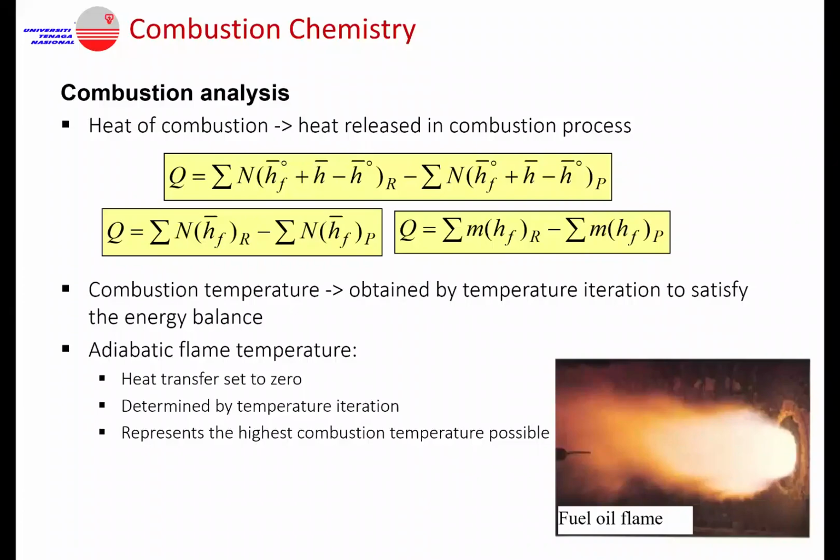We call that the adiabatic flame temperature. The maximum temperature possible for a combustion depends on what fuel you use in that combustion process.